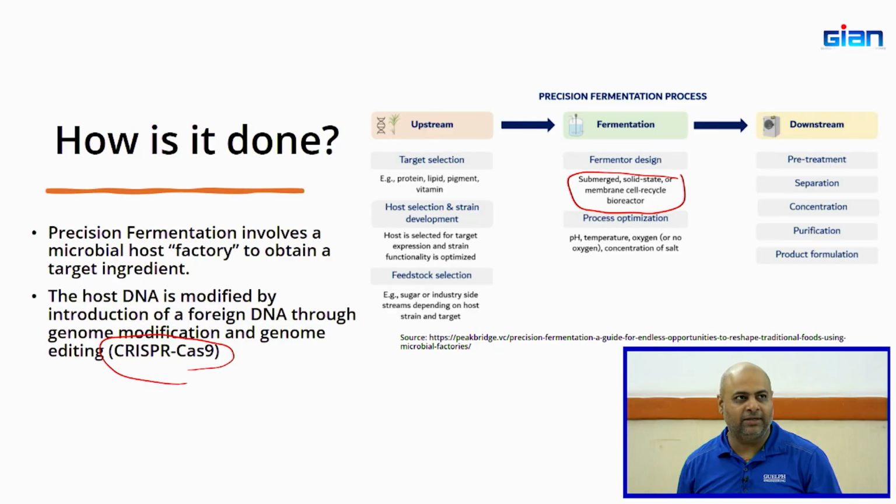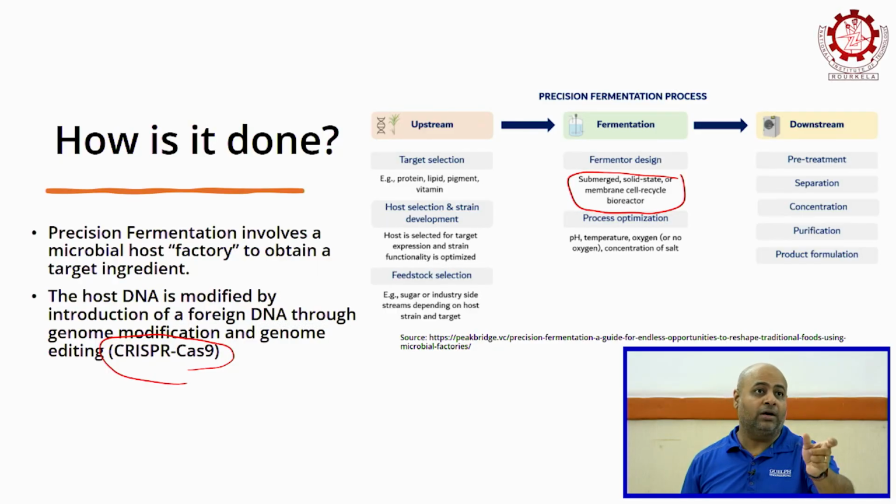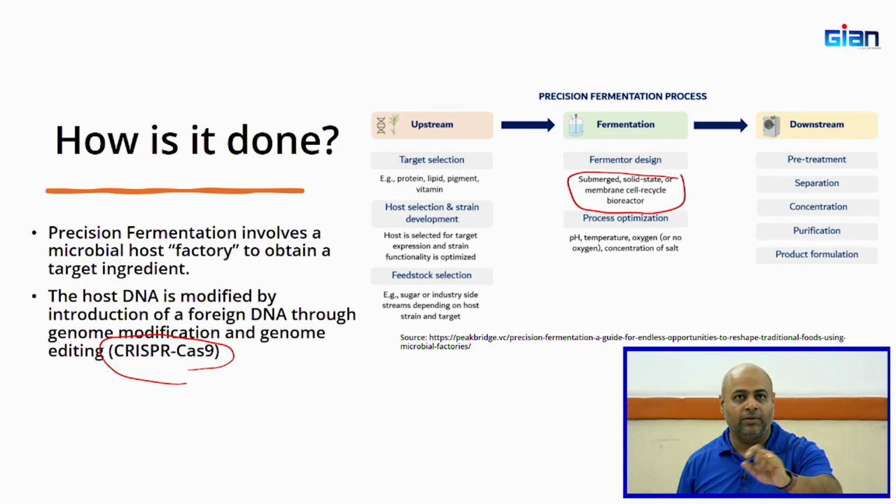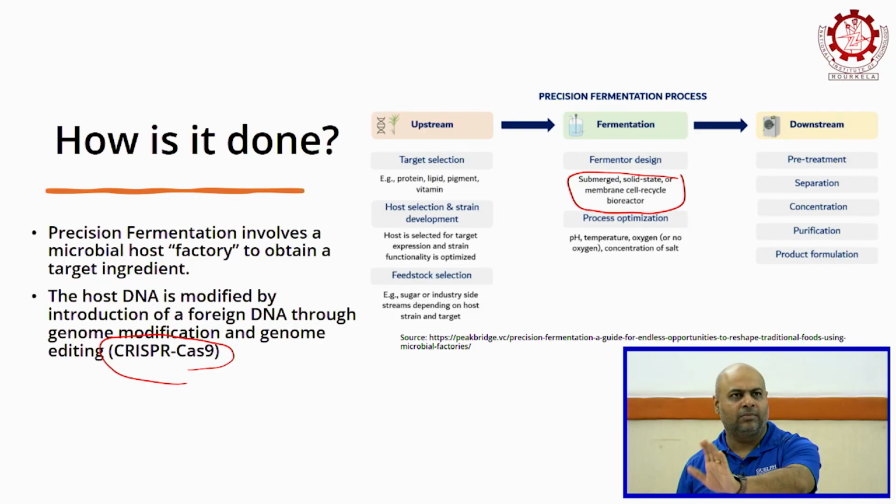In the submerged, right? So again, if your product or the host is not dependent on the pH, or the temperature or the oxygen, with not too much variability, you might be able to select the type of fermentation system. Either you go for submerged or you go for solid state, right?